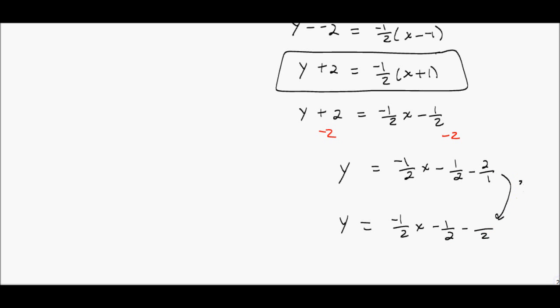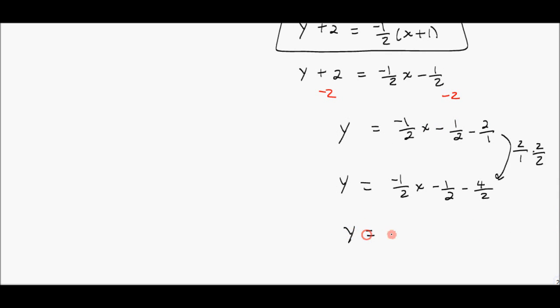I'm going to take that 2/1 and multiply the top and bottom by 2, because I know that 2 times 1 is going to give me the 2 I need in the denominator, and 2 times 2 is 4. So y is equal to -1/2 x minus 5/2, right? -1/2 minus 4/2 is -5/2. So this is the slope-intercept form.